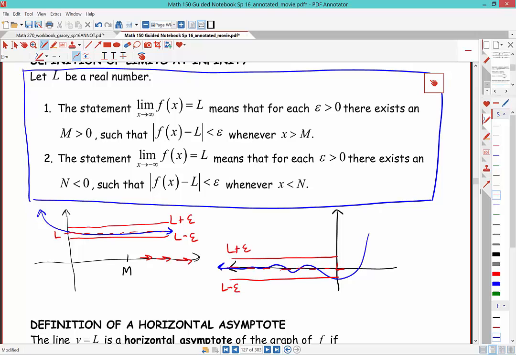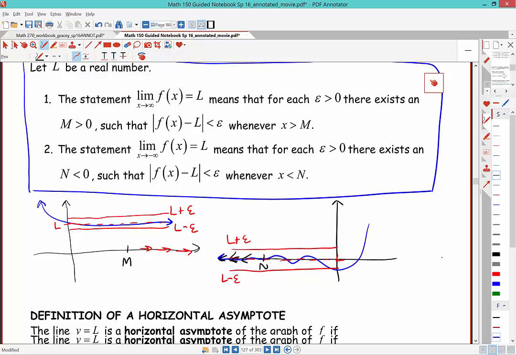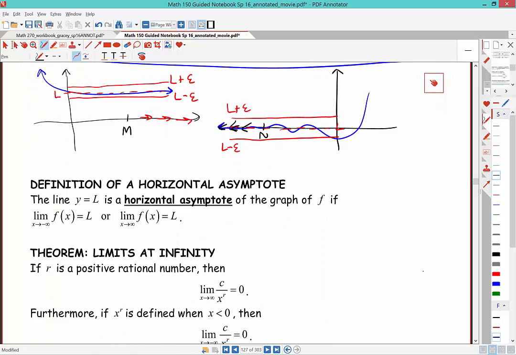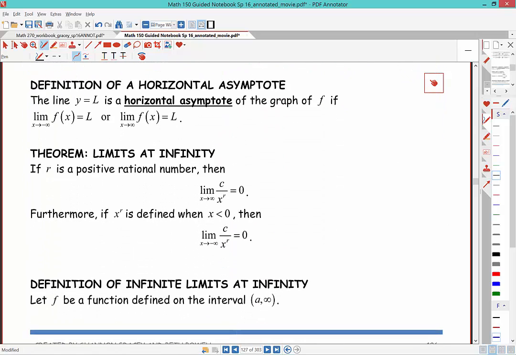But as we get further and further over here, let's say this is N right here, and x keeps going this way, you end up getting to that horizontal asymptote, or that limit, okay? So the definition of a horizontal asymptote basically says the line y equals L is a horizontal asymptote of the graph if you get this limit.